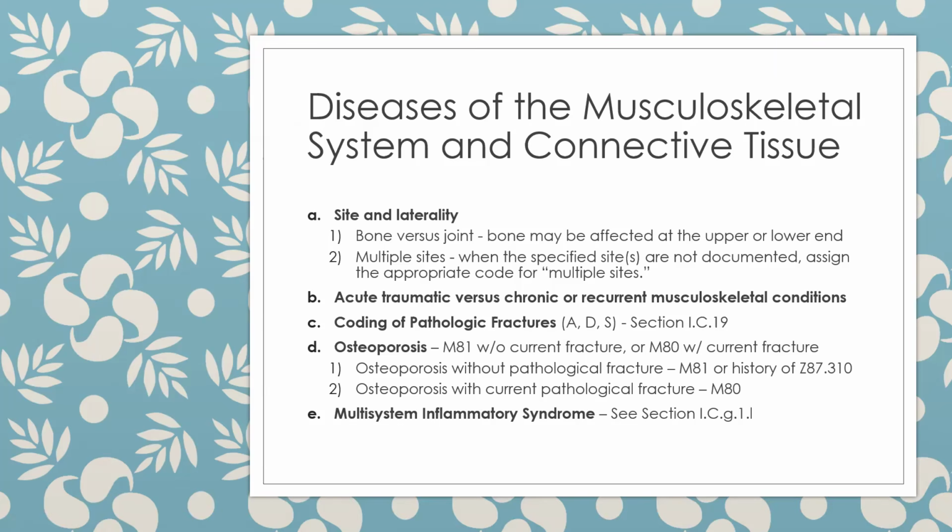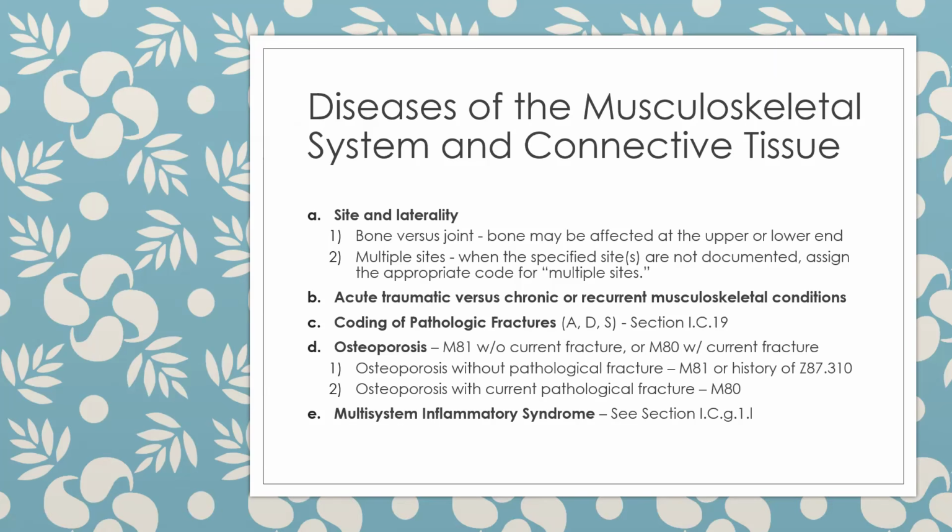The seventh character D is to be used for encounters after the patient has completed active treatment for the fracture and is receiving routine care for the fracture during the healing or recovery phase.